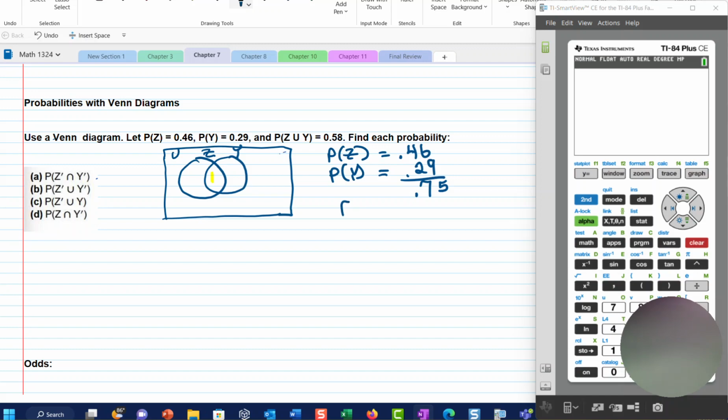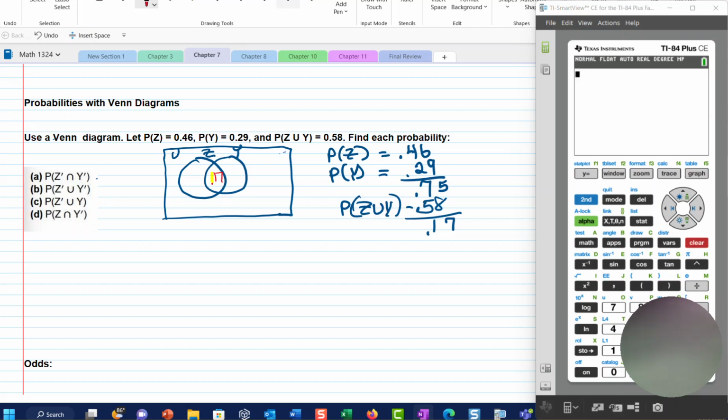So P of Z plus P of Y minus 0.58 gives what's in the middle. So this is going to be 17. So 0.17 is in the middle.